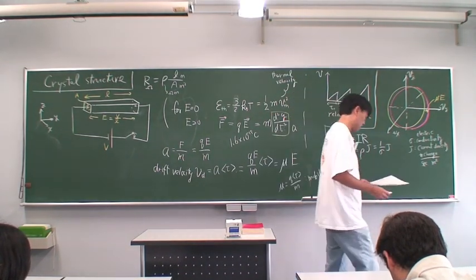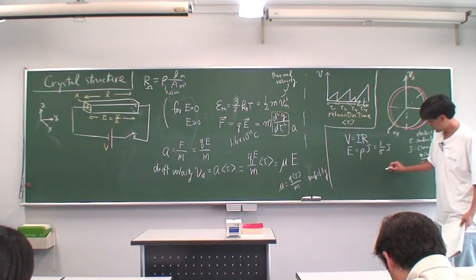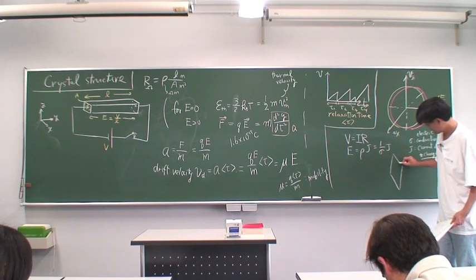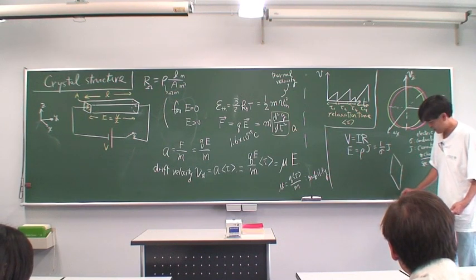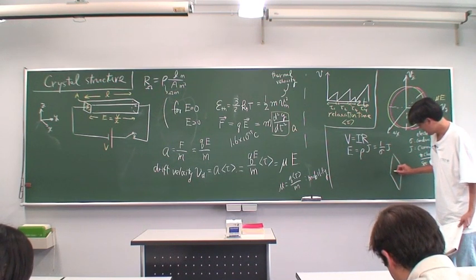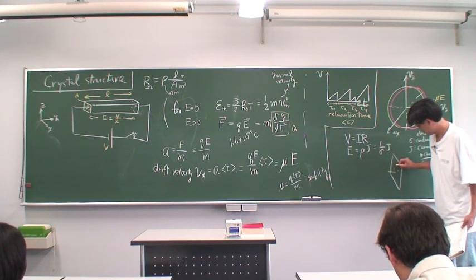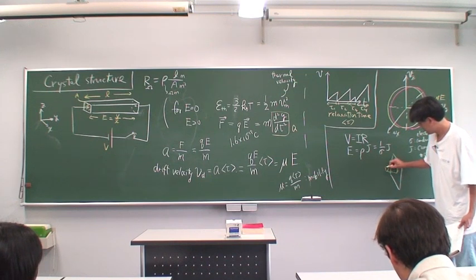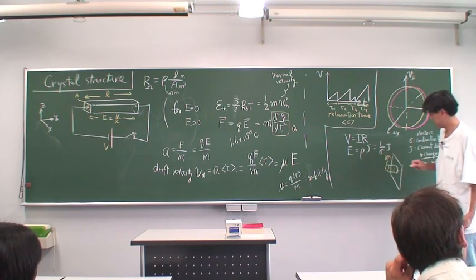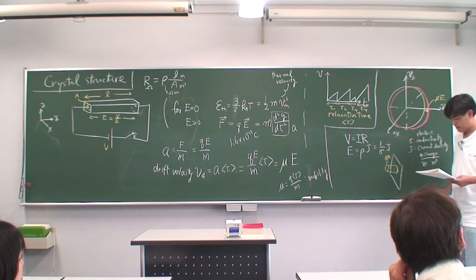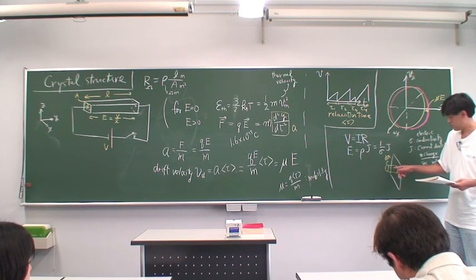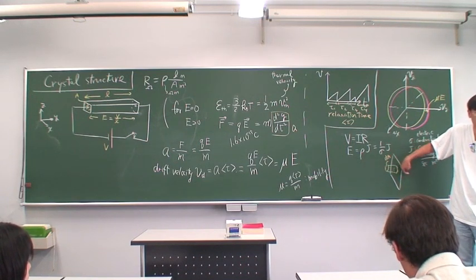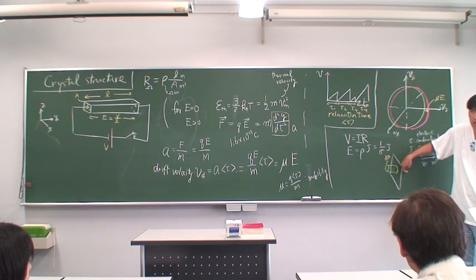So basically what we are talking about is that, let's say we have some kind of plane, and we have some small area dA. Here the current density means how many charges are going through per unit time per unit area.